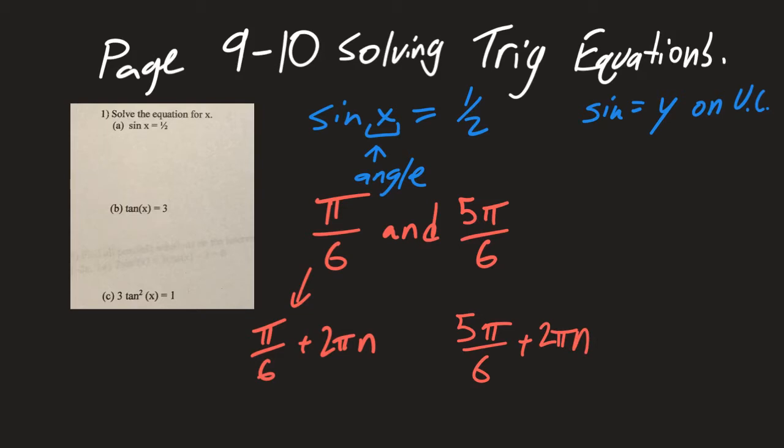All right. And what I'm saying by adding that 2 pi n to the end is that this pattern continues indefinitely, either positive or negative, and I'm just going around the circle any number of times. Remember, the 2 pi portion is the period of the sine function. Now, the first part of this might seem just like what we did previously.